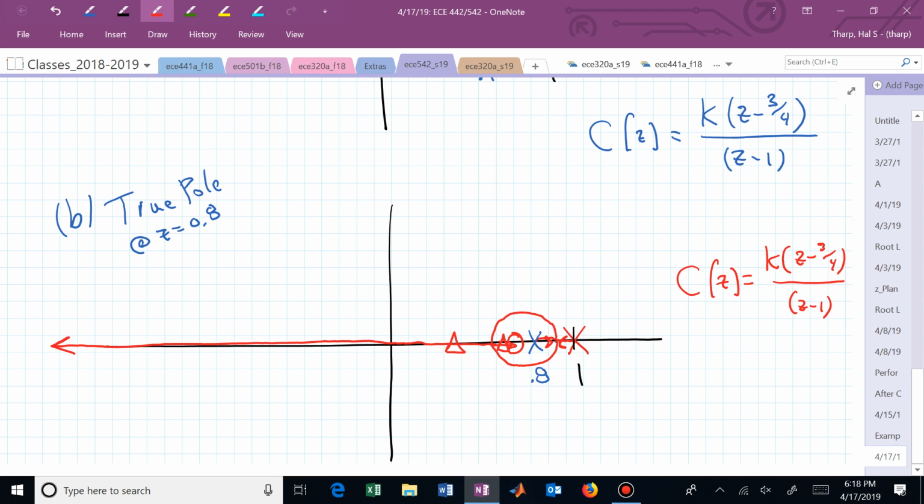This PI controller is fairly robust, and what's it doing in any of these cases? All three of the cases, when the pole was at 0.75, when it was at 0.7, when it was 0.8, what kind of accuracy do we have?